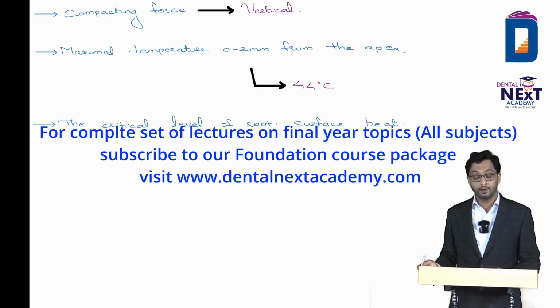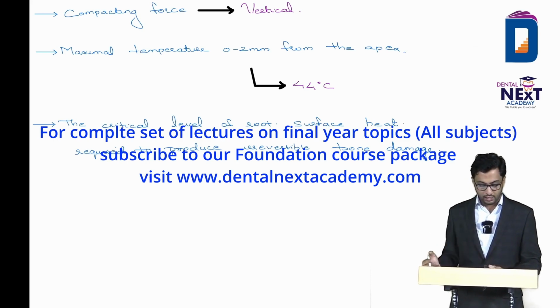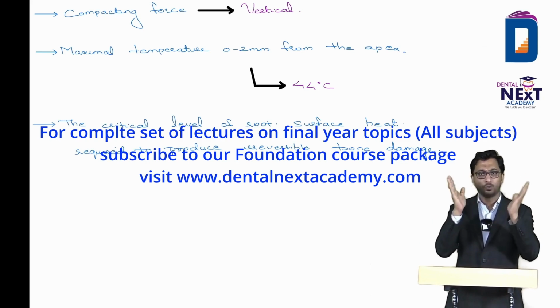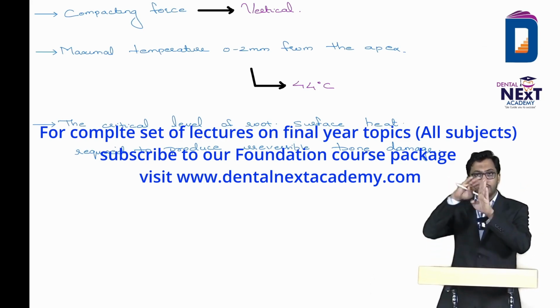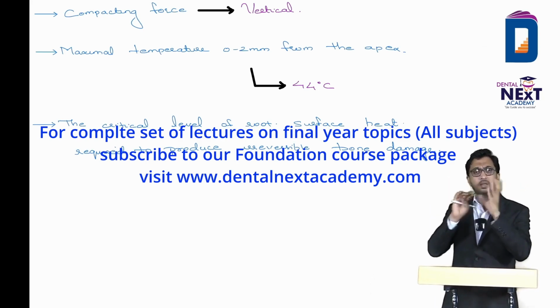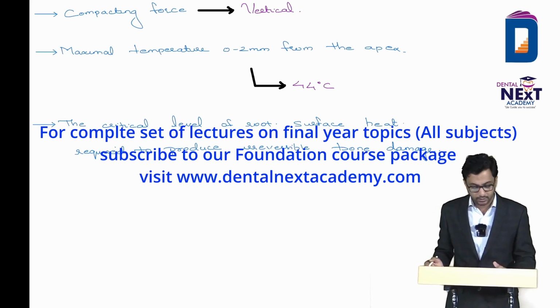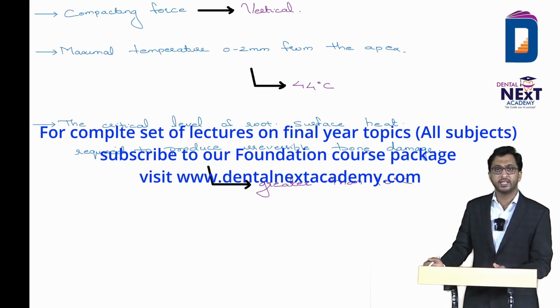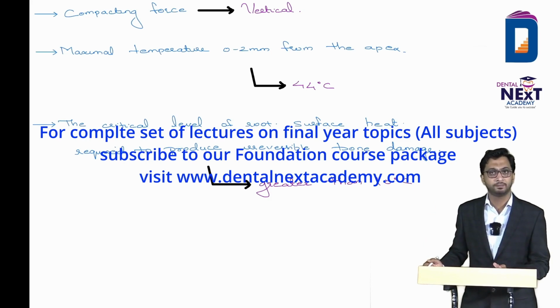The critical level of root surface temperature which will produce irreversible bone damage, because outside the root you have bone. So if the root surface temperature is very high, it can damage the bone. How much is that? Any temperature greater than 10 degrees Celsius can damage the bone.